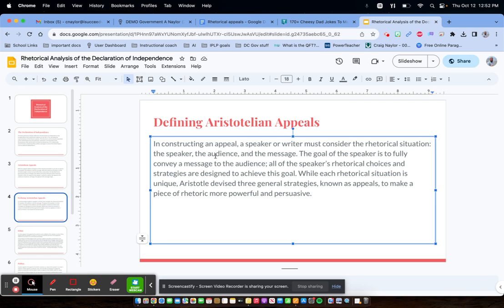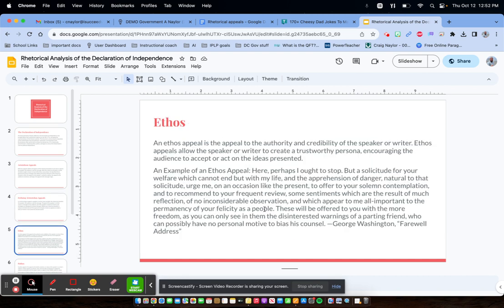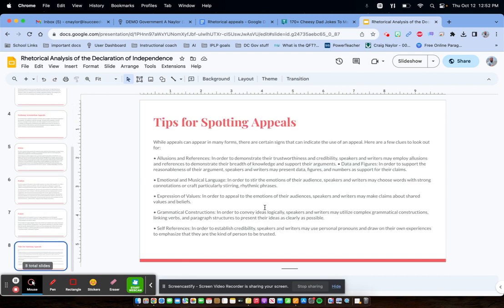The audience is the rest of the world, and the message is what they're actually saying, and that's the Declaration of Independence itself. The goal of a speaker is to fully convey the message to the audience. All of the speaker's rhetorical choices and strategies are designed to achieve this goal. And these were called appeals, and we've talked about that before. So ethos, pathos, and logos.